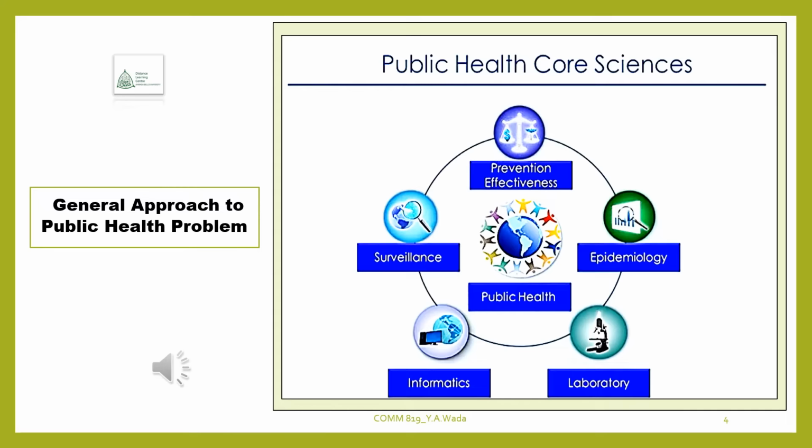Later in this session, we are going to learn more about epidemiology. Then the third core science of public health is the public health laboratories. They support public health by allowing us to find a diagnosis for a condition that we are investigating.